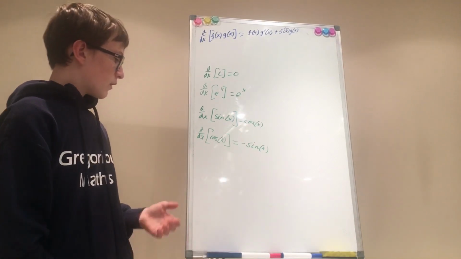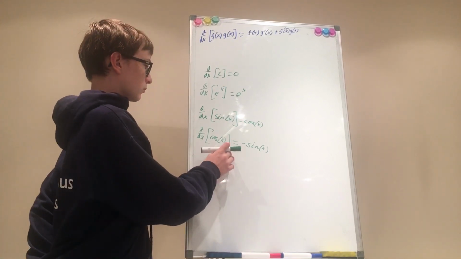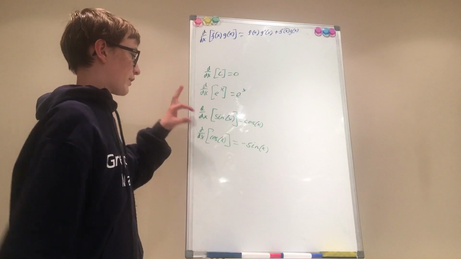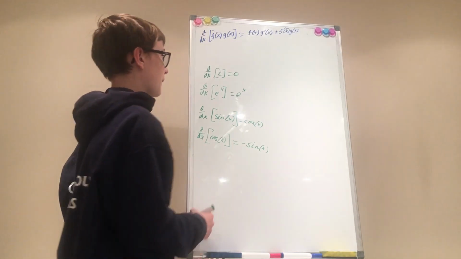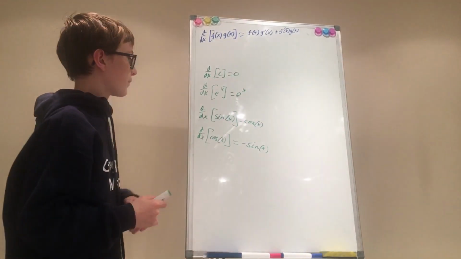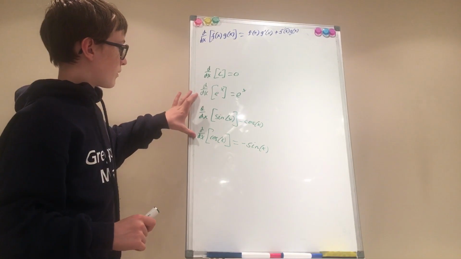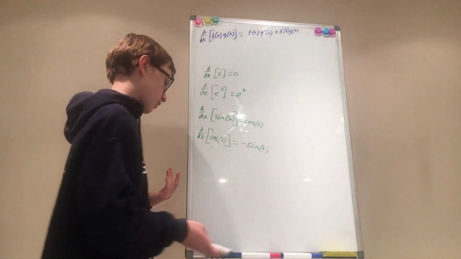Okay? And when we do the quotient rule, I'll do the derivative of tangent of x, because that's going to be a quotient of sine and cosine. But for now, these three are going to be the main ones to use, because I don't really want to use powers every single time, you know?